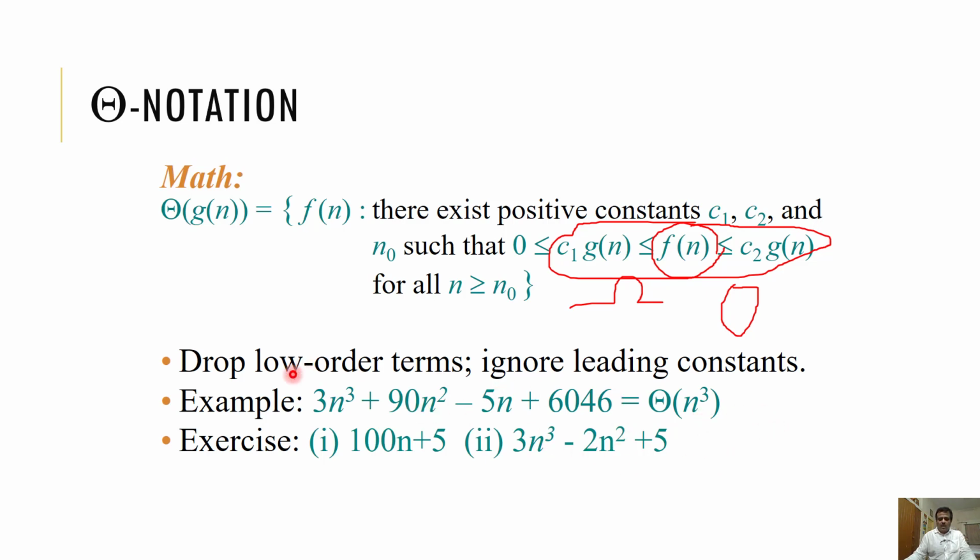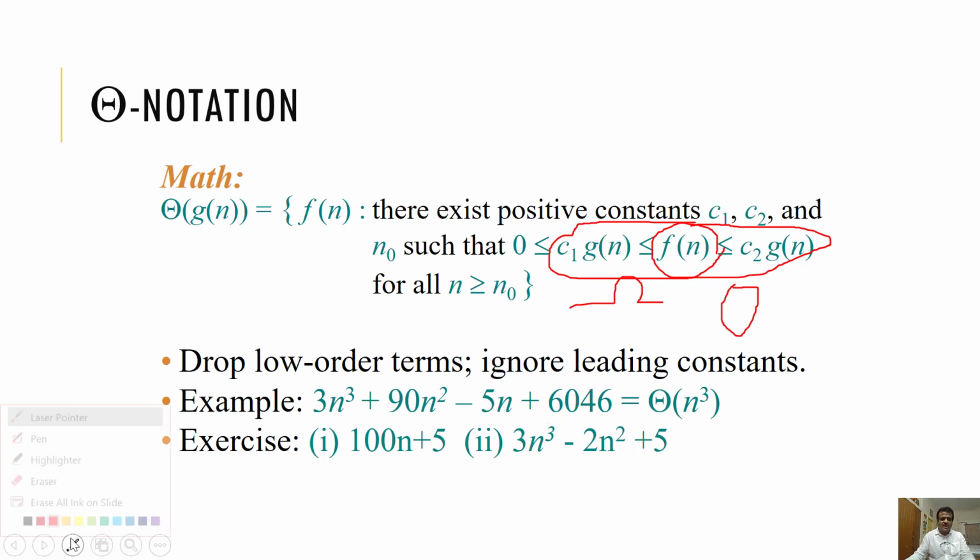But if you want to ignore the maths, you can do it this way, the engineering sense. Suppose we have a time complexity like this, T(n) is this. We have a sorting algorithm where this is my time complexity, in seconds. Now, what do we do? We just ignore all lower order terms. Here the higher order term is n cube, so other than n cube we drop all lower order terms.